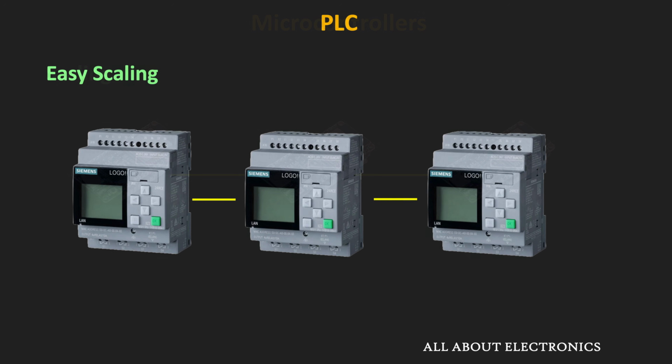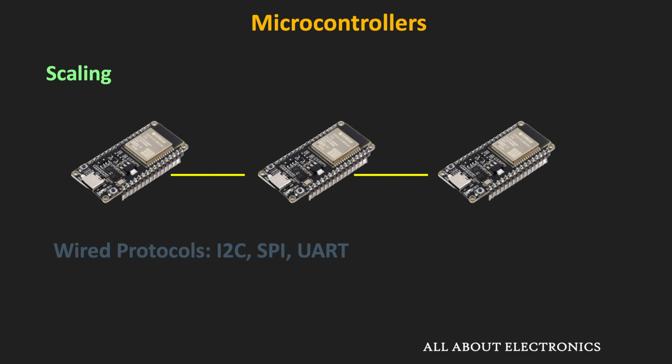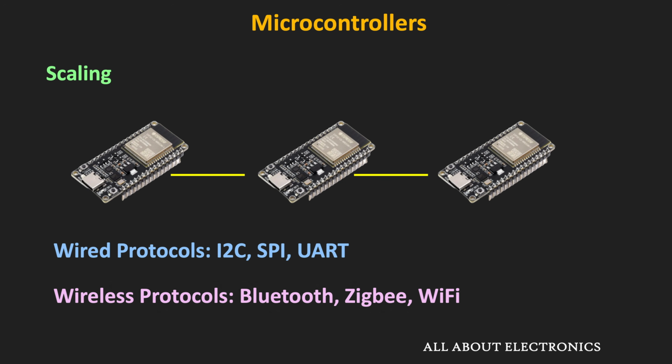In the case of microcontrollers also, using some wired or wireless protocols, it is possible to connect multiple MCUs together. But for that, first the microcontroller unit should support these protocols. Nowadays, most microcontroller units support the given wired protocols.